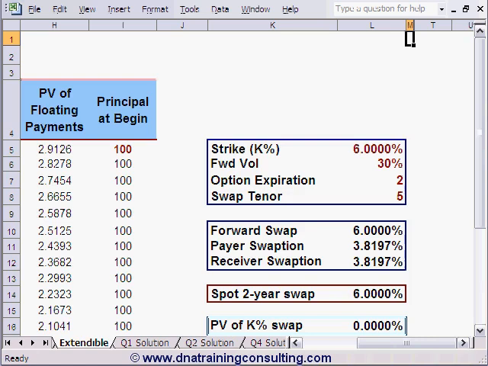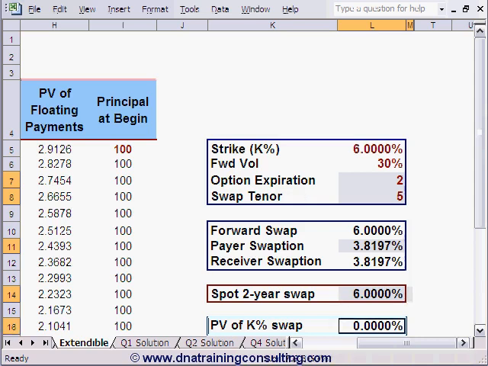So in this worksheet, you see the data and cell entries exactly as before, plus in cell L11 here, the premium for the 2x5 payer swaption struck at K%. Then in cell L14, the calculation of the spot starting 2-year swap, which we will need to calculate the value of the off-market rate 2-year swap the borrower enters into on day 1.